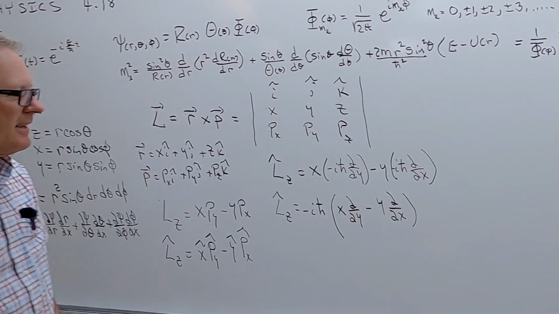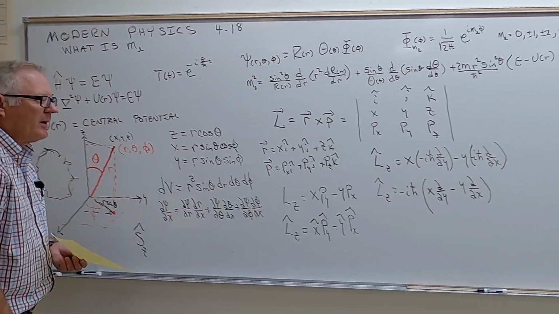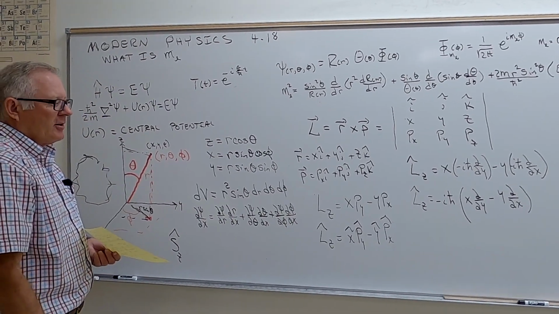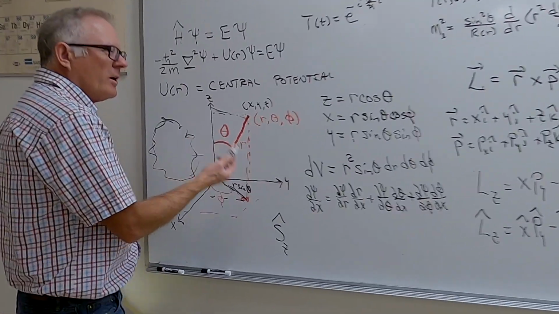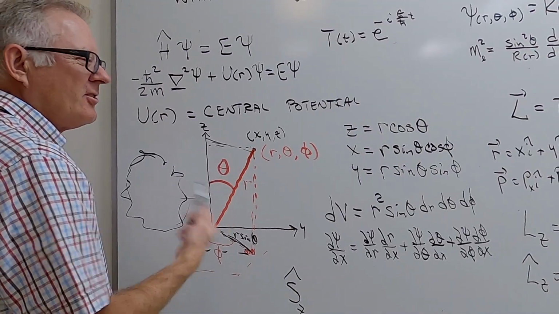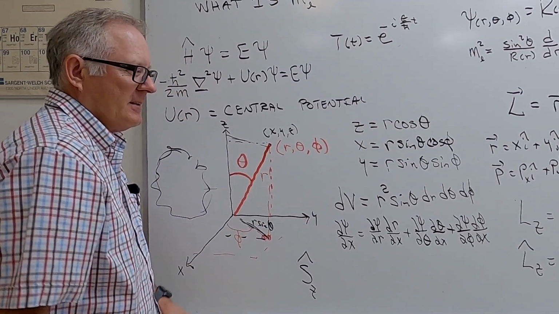So that looks like the orbital angular momentum, but I'd rather not keep it in terms of x's and y's. Why? Because we're in spherical coordinates. I'd like to put that in terms of thetas, r's, and phi's.